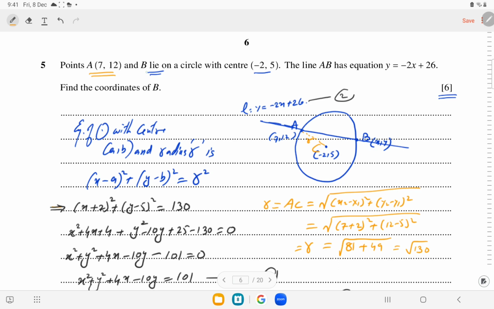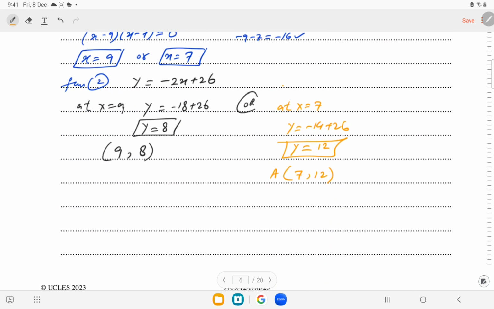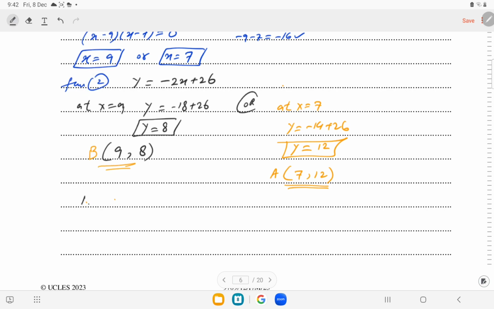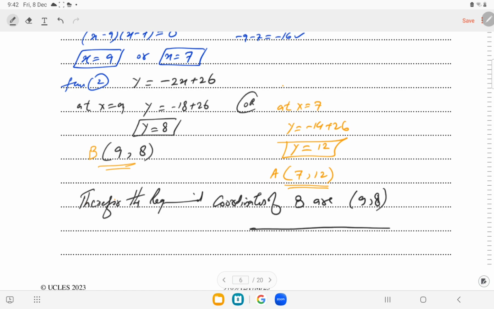We are looking for the coordinates of B. So we will ignore this A because we are looking for B. So you will just write, therefore the required coordinates of B are 9 and 8. That's the answer. I hope you understood it.